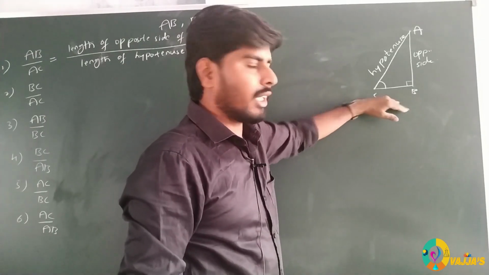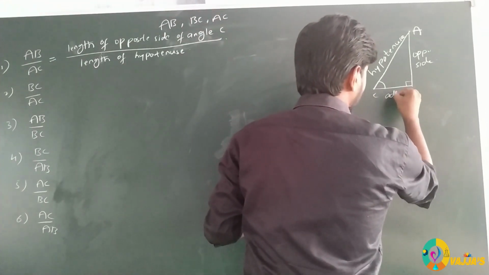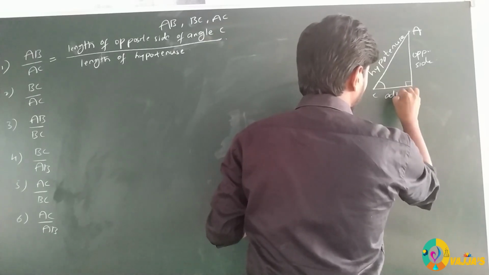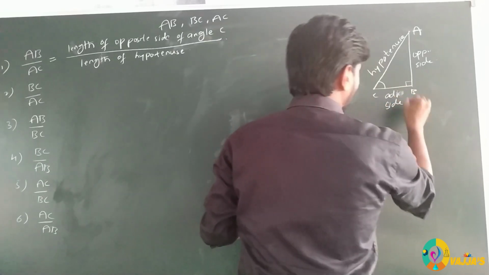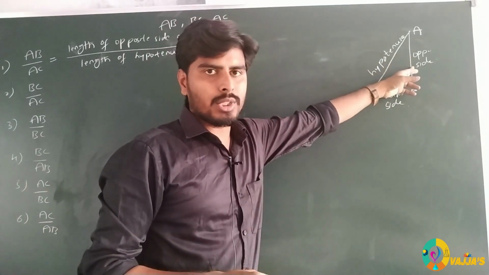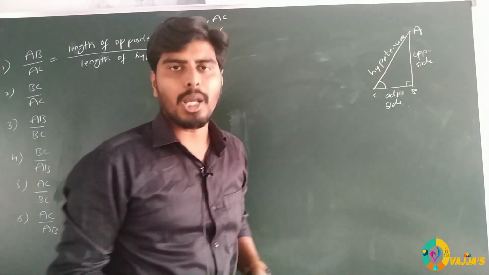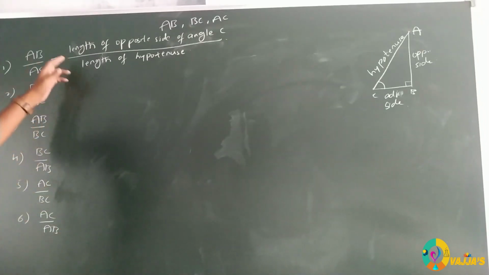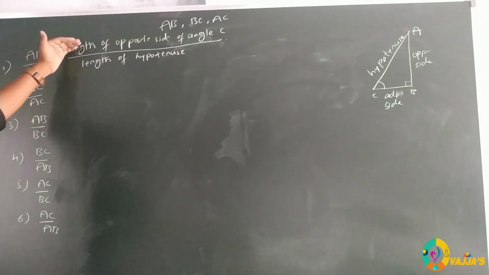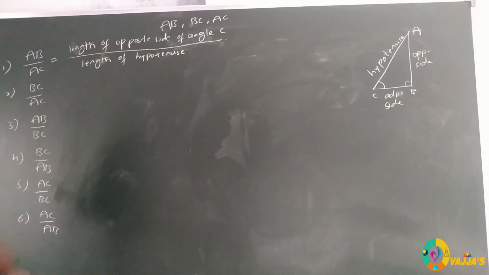This BC is called the adjacent side of angle C. So if I take angle C, AB is the opposite side, BC is the adjacent side, AC is the hypotenuse. That is why AB by AC is the ratio length of the opposite side of angle C by length of hypotenuse.